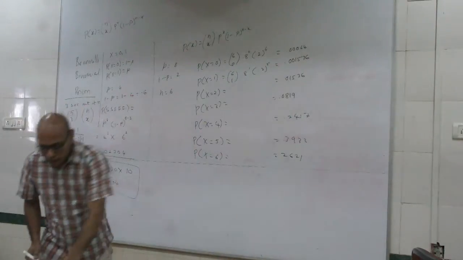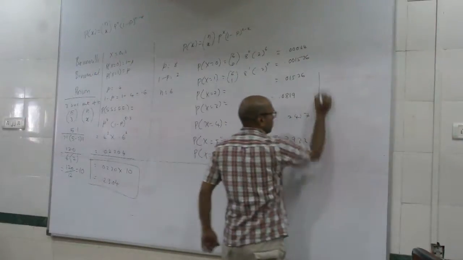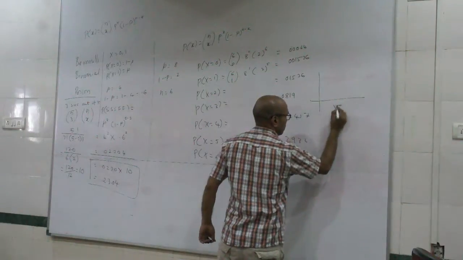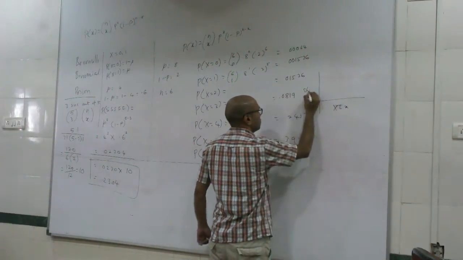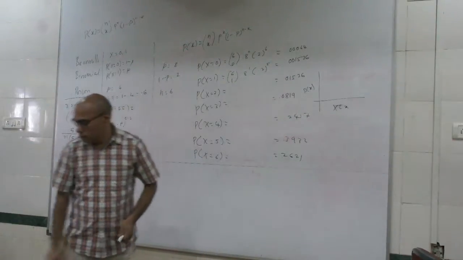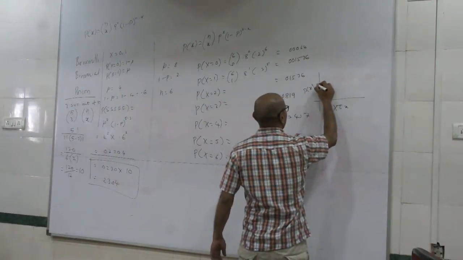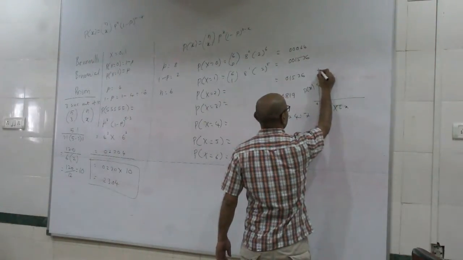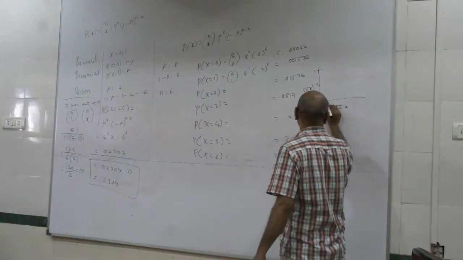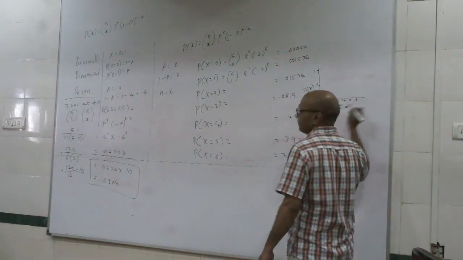So what we have done, now I can actually do a small thing: this is x equal to x, this is p of x, say this is 0.5, this is 0, and this is say 1. So x takes a value 0, 1, 2, 3, 4, 5, and 6.